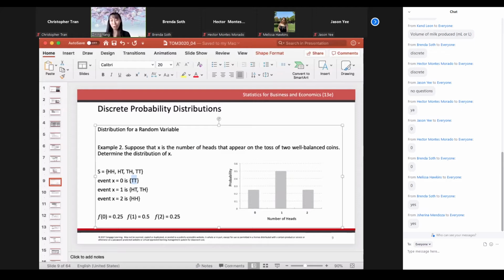Yes. Sharina, Brenda, yes. If I have head, tail, or if I have tail, head. So in the 2 situations, I have a count of 1 head. So x equals 1, but the frequency is actually 2. It's head, tail, or tail, head.